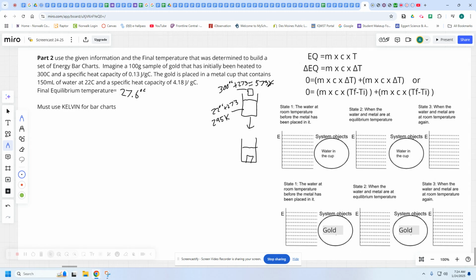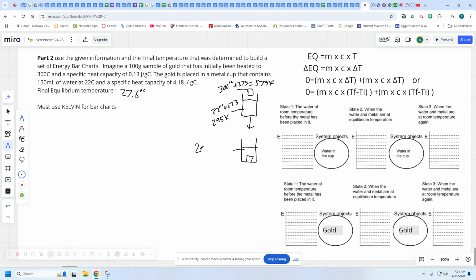So now we've got the initial Kelvin of the gold and the initial Kelvin of the room temp water. Now we need to come down here and we can label both the equilibrium temperatures, and then the final temperatures can be calculated below. But at equilibrium, we said in the last problem that the water and the gold are at 27.6 degrees Celsius.